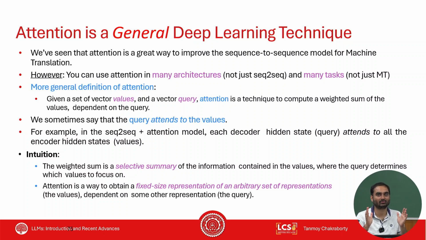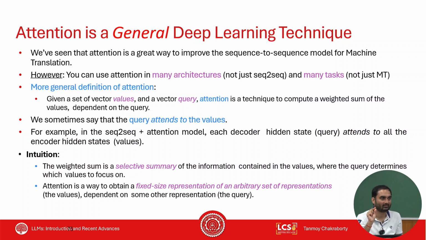So in general, you can think of this attention as a generic concept in deep learning, where you have a query and you have some values, and you want to measure the importance of query with respect to all the values, right? You can use attention. You can also think of the attention vector that you generated. Remember, attention vector is one vector.